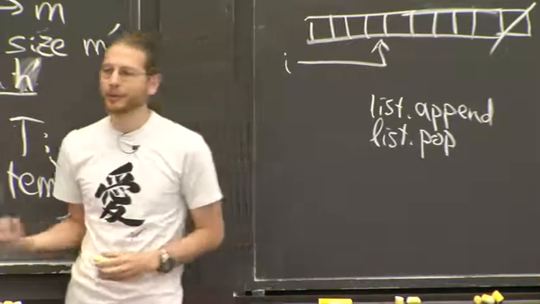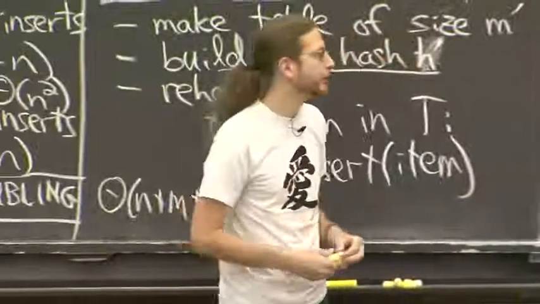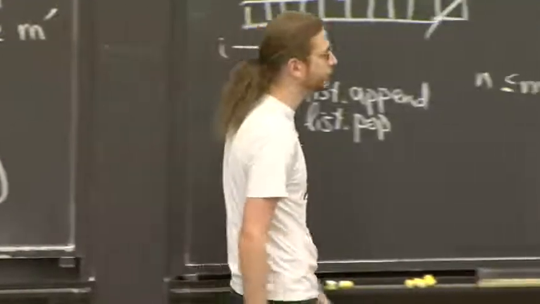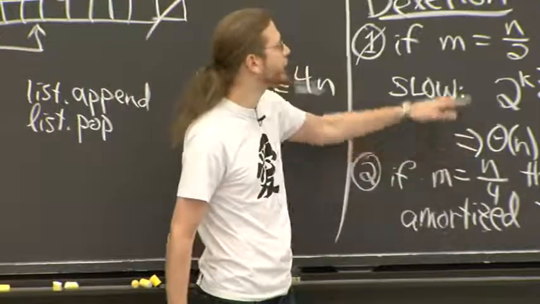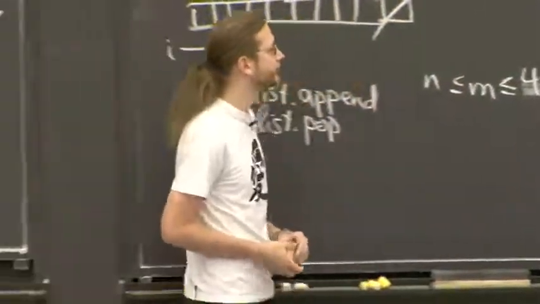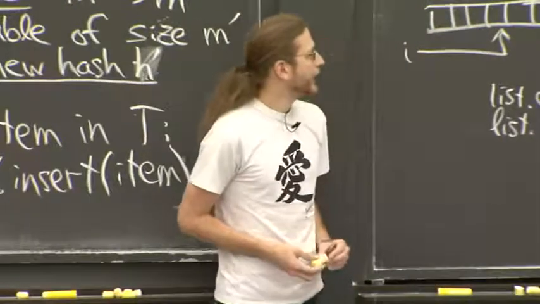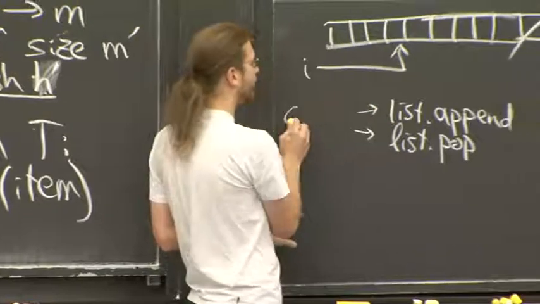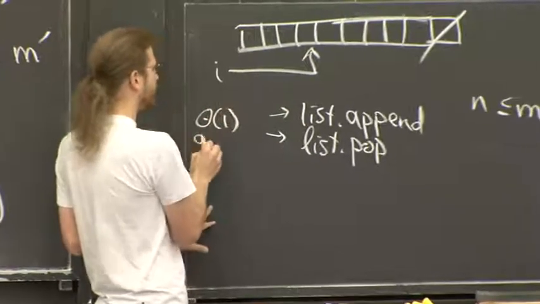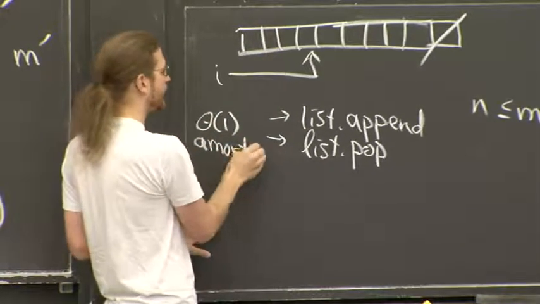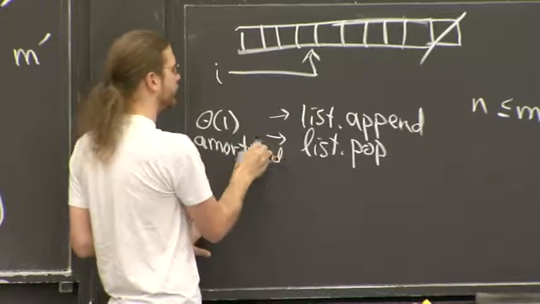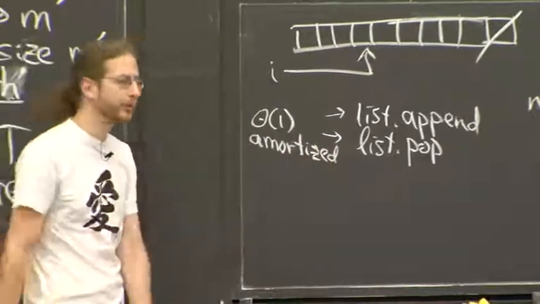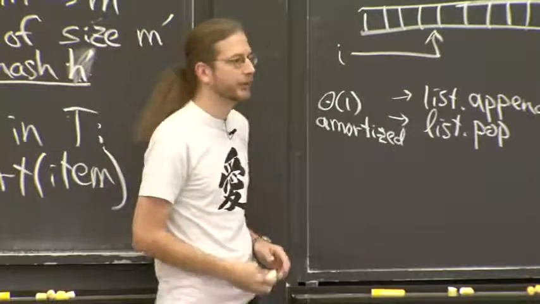I don't know whether Python uses 2 or some other constant, but any constant will do as long as the deletion constant is smaller than the insertion constant. And that's how they work. So in fact, list.append and list.pop are constant amortized. Before, we just said, for simplicity, they're constant time. For the most part, you can just think of them as constant time. But in reality, they're constant amortized.